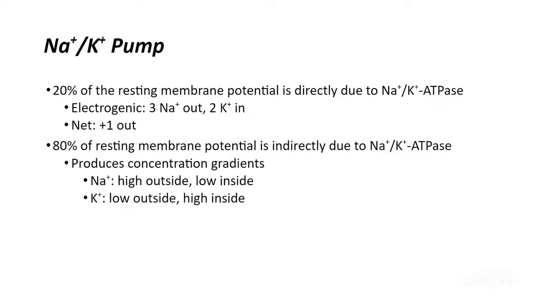We refer to the sodium potassium pump as electrogenic. That electrogenic effect means we now have extra negative inside the cell because we removed some of the positive. That's about 20% of the reason for our resting membrane potential.